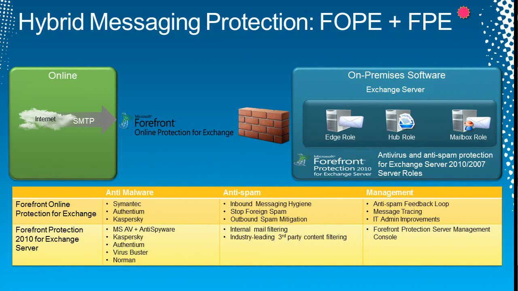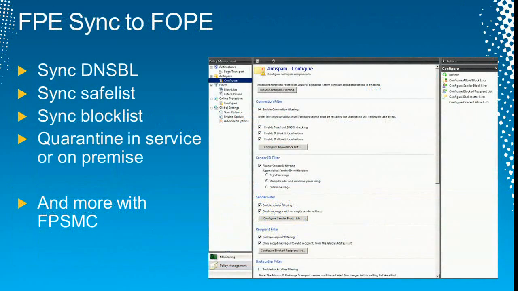From an anti-spam perspective, there are more options around content filtering in FPE. But probably the biggest thing I wanted to talk about in how FPE and FOPI will work together is the ability to sync FPE and FOPI. So you can take your safe list and block list, your IPs that you've put into your FPE, and sync them up to the service so that it benefits from what you've personally set up for your configuration.